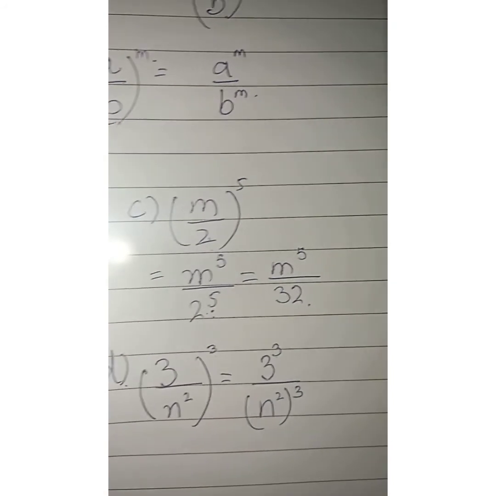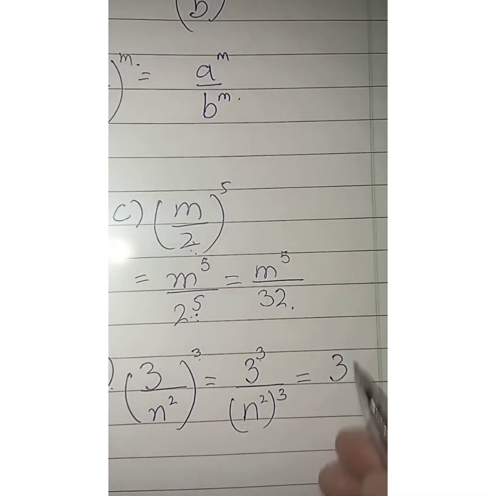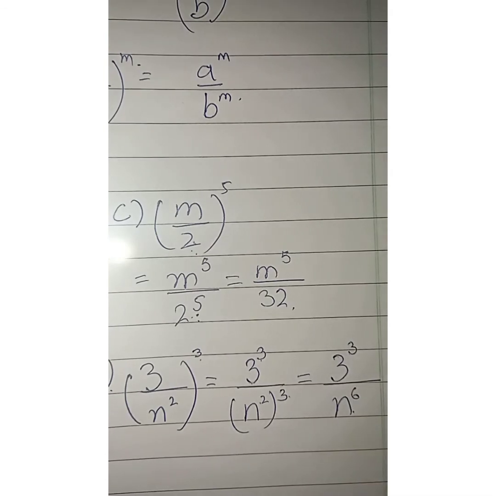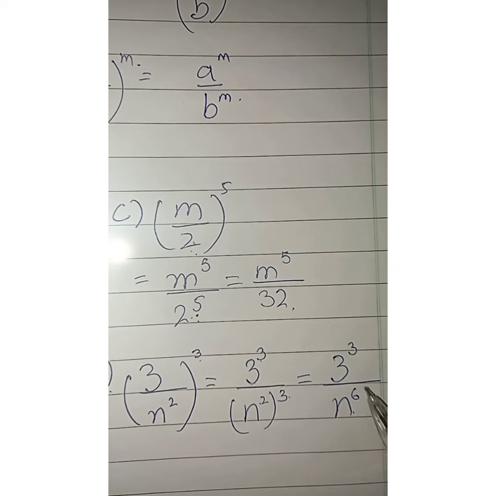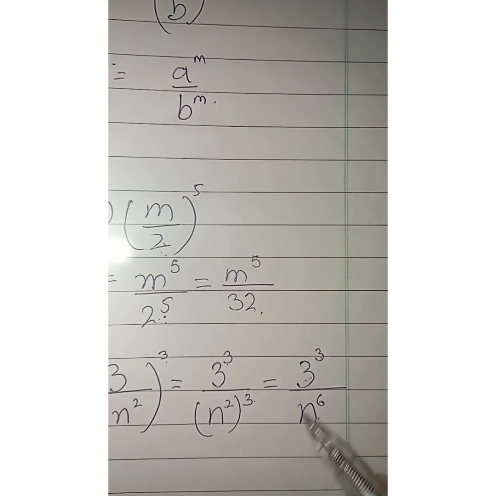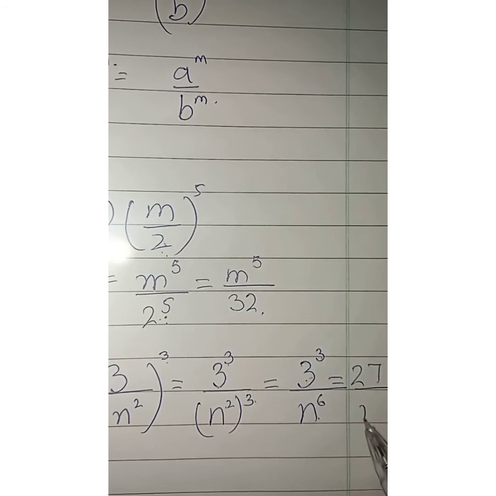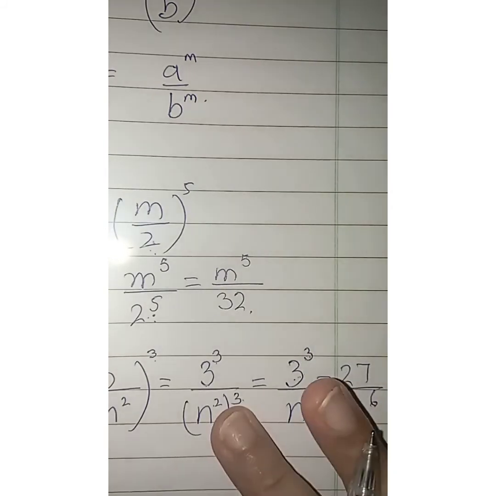So we will apply it in the bottom only, and it will become 3^3 over n^6, since 2 times 3 is 6. Now we have two different things, so we can't do anything, we just simply compute 3^3, which is 3 times 3 times 3, meaning 3 multiplied 3 times, which is 27 by n^6. Even here the answer is correct.